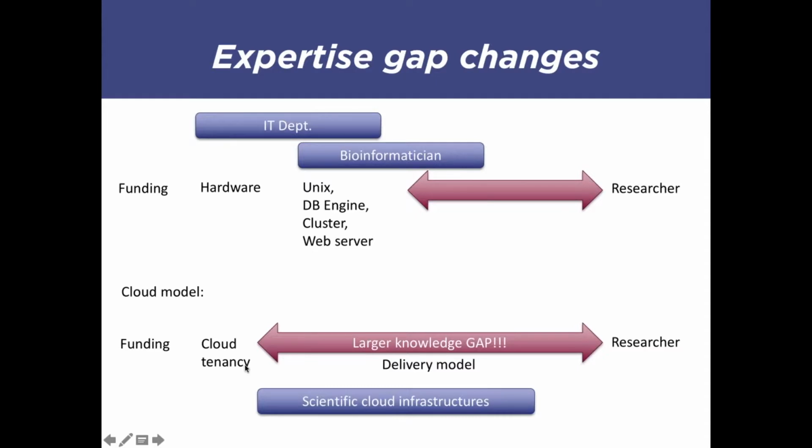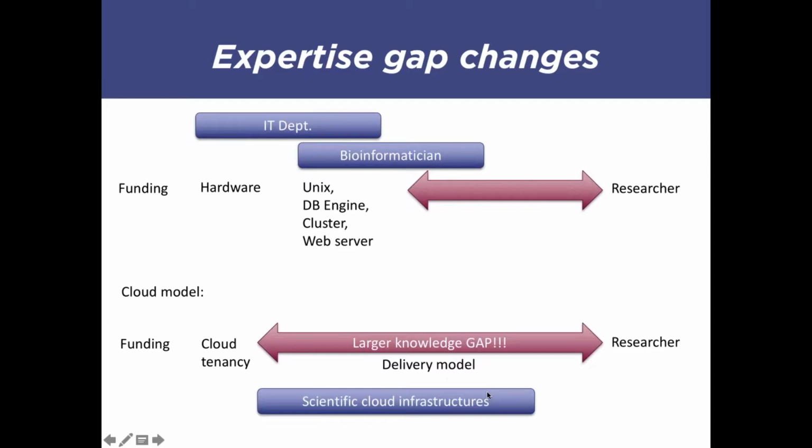So it means that you need to go from raw CPU, raw RAM, raw storage to actually do your research, which means that there's a larger knowledge gap there, because you will need to know how to set up a plethora of things like virtual machines, containers, etc., that most people are not interested in doing when they are doing research, of course, because they want to focus on their bread and butter.